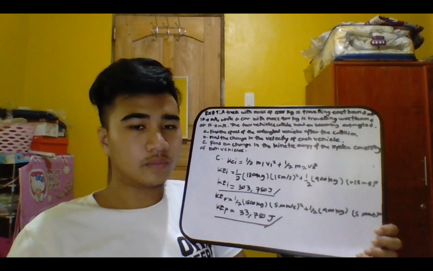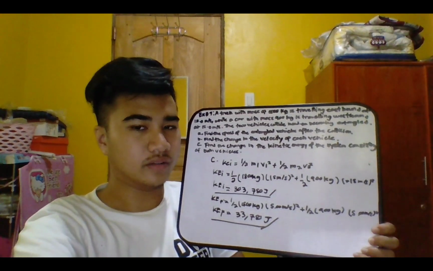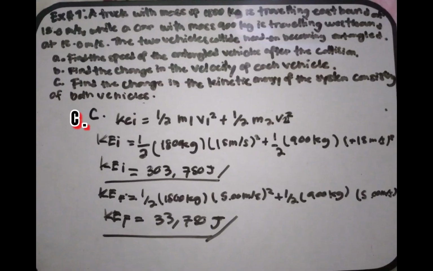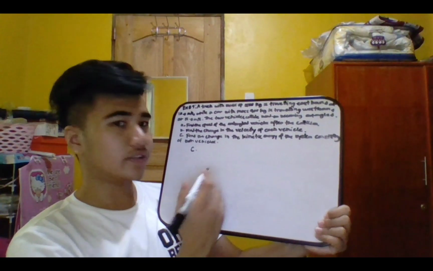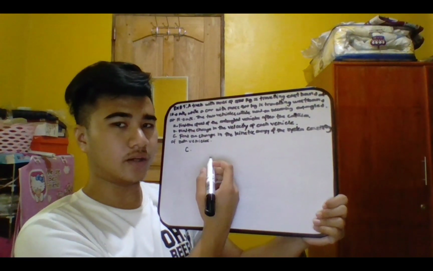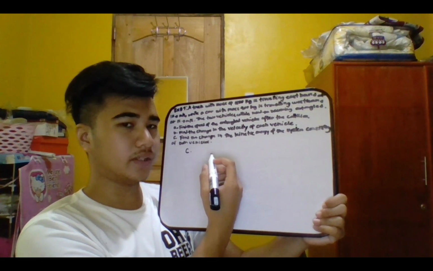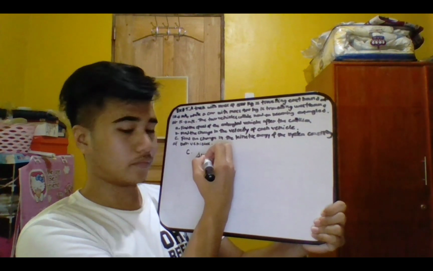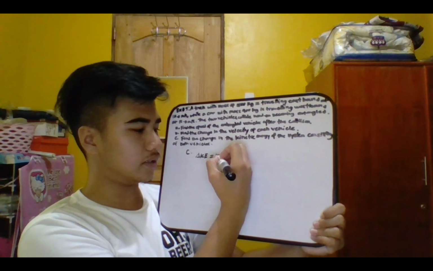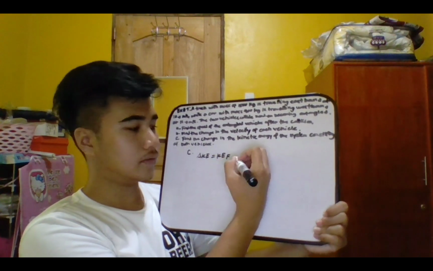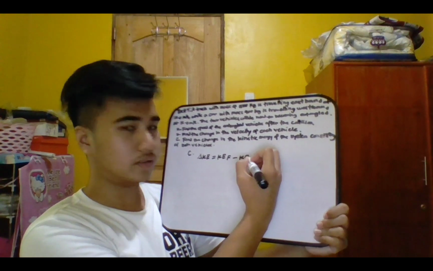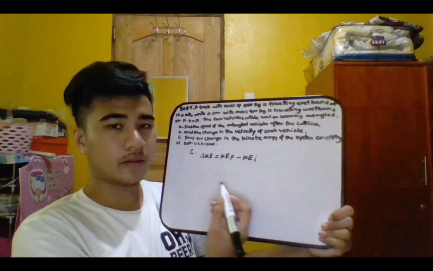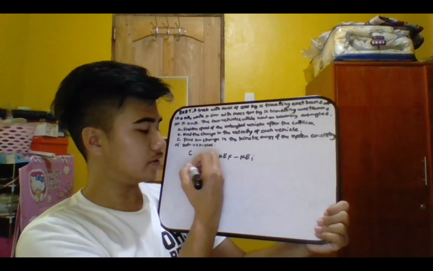Now we can solve for the change in kinetic energy. To find the change in kinetic energy of the whole system of the two vehicles, change in KE is equal to KE final minus KE initial.